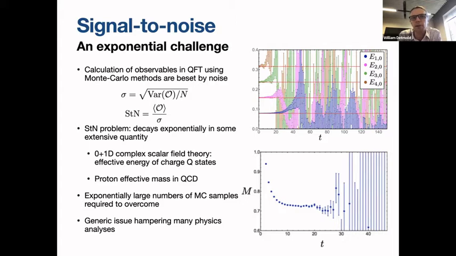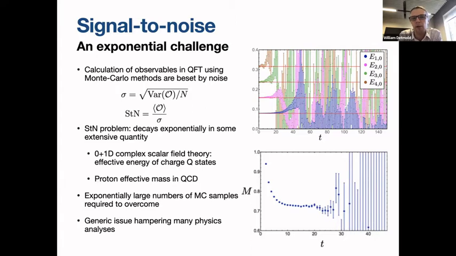So if I have some observable O, then it has an expectation value, which I'll denote via angle brackets. And it also has a variance, and an associated standard deviation.